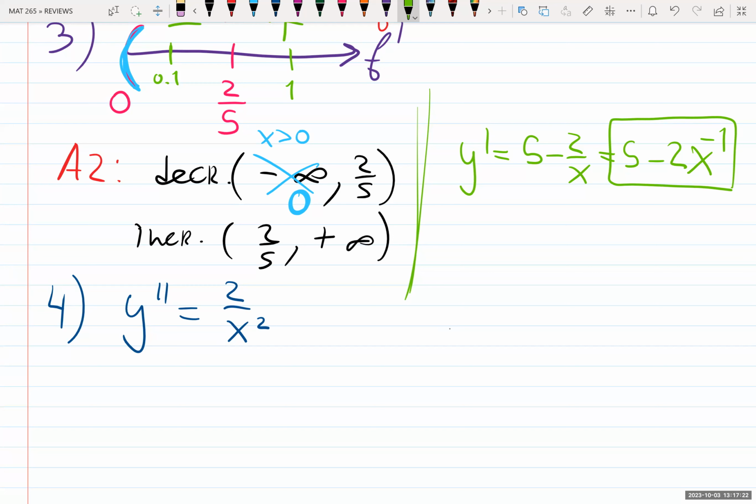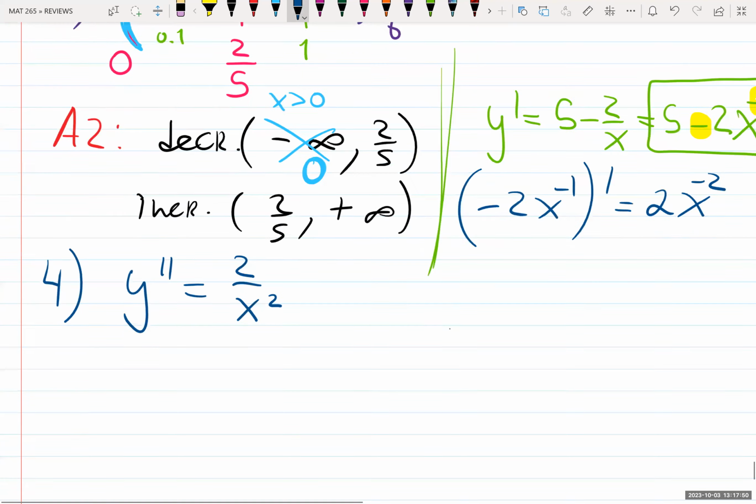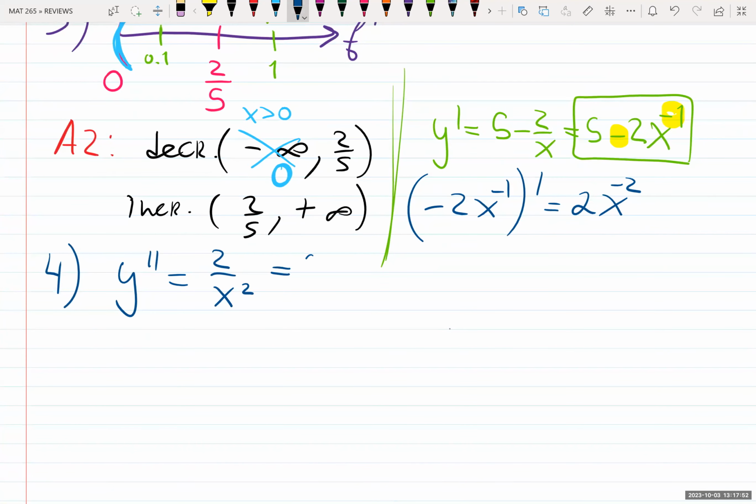Oh, I have a mistake in my notes. The derivative of 5 is still 5 in my notes. Yeah, I should fix that. So minus 1 goes down, cancels the other minus 1. 2 stays, and x becomes raised to the minus 2. So minus 2x to the minus 1, prime, becomes 2x to the minus 2. I recommend writing it down as a fraction because you need to repeat the whole process.